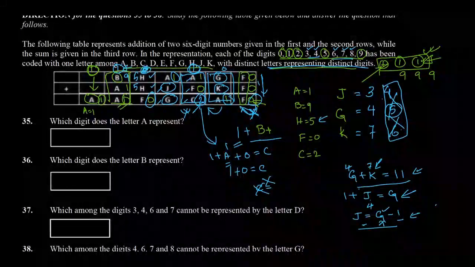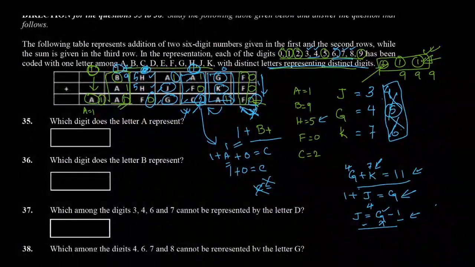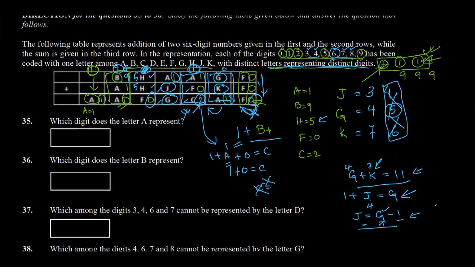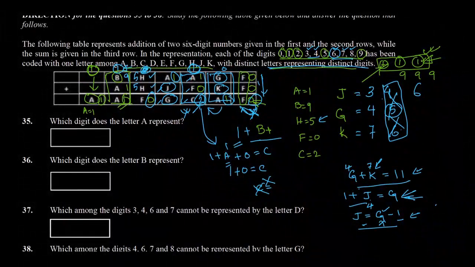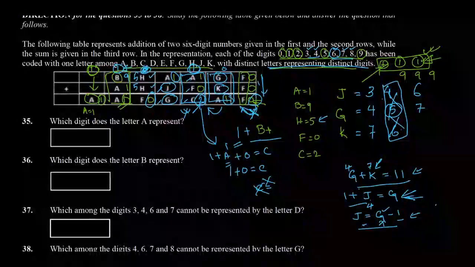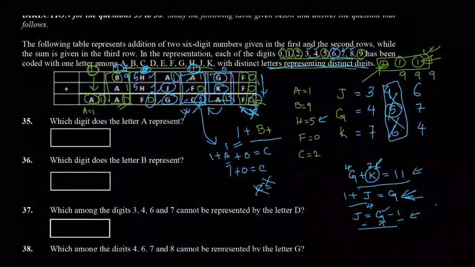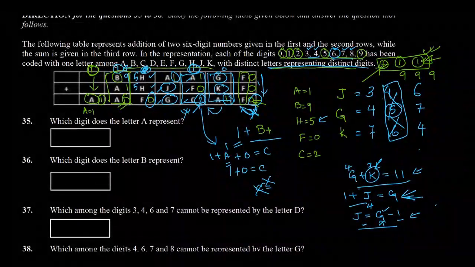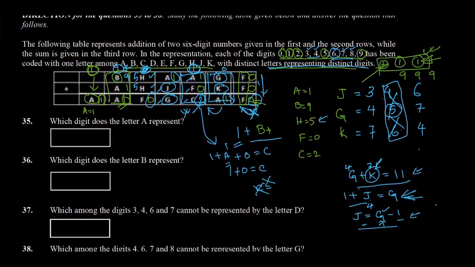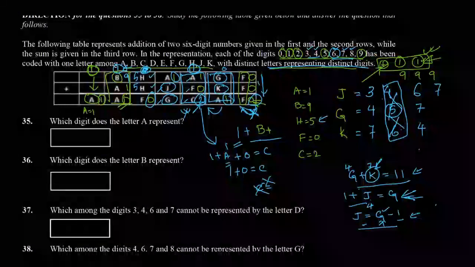So next we take the value of j to be 6. So if j is 6, then g is j plus 1. g becomes 7 and k becomes 4. So 6, 7 and 4 is possible. Now next we assume the value of j to be 7.